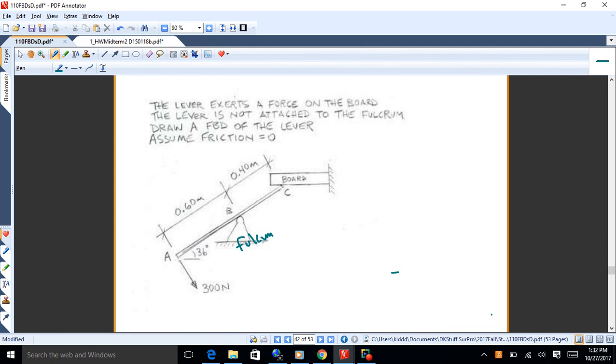On this one, pay some attention to getting the forces pointing the right direction. As I've mentioned, it's very important to do that. And that's actually why this one's in here, the fulcrum. That's why I've got this one in here.